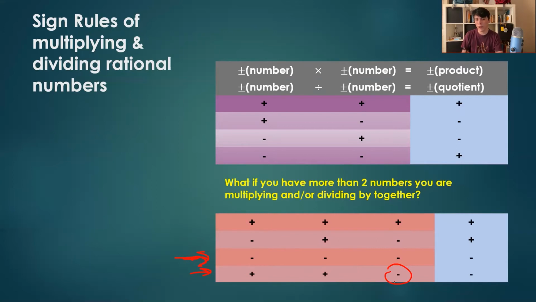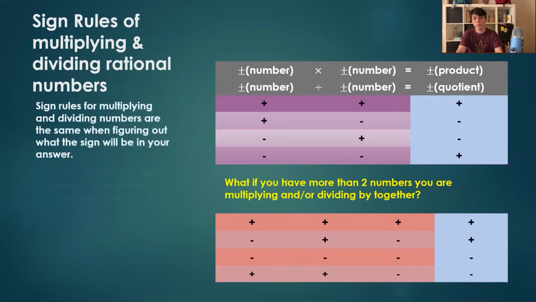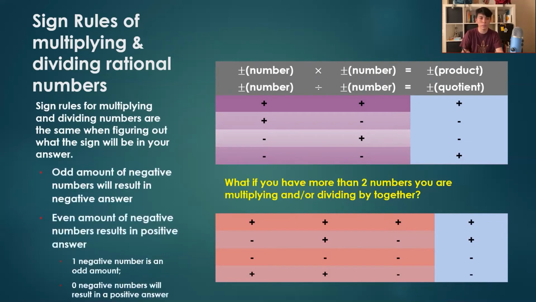So if you have an odd number of negatives, then you're going to get a negative answer, like these 2 rows both show. And whatever I just said out loud are in these bullets on the left side here. So if you want to pause the video and take down those notes, you can, and you can continue when you're ready.